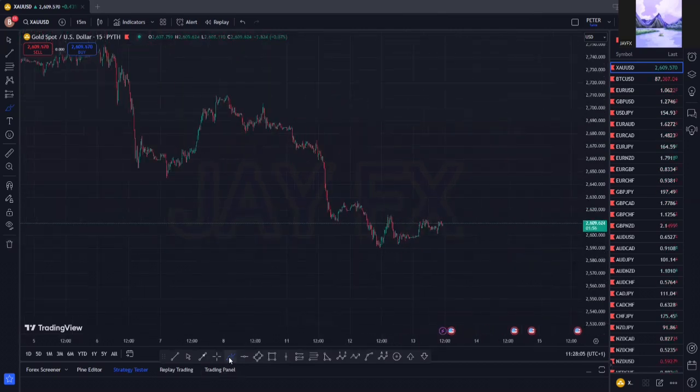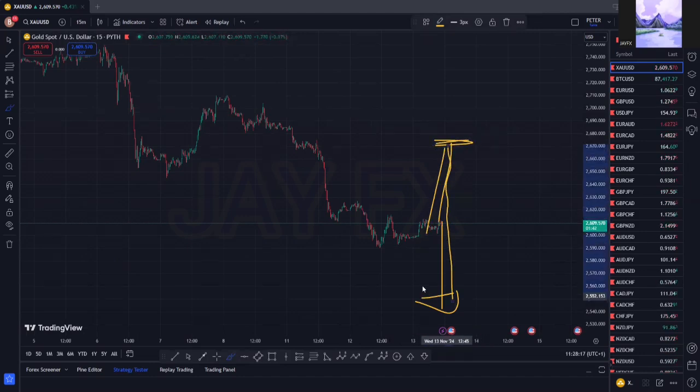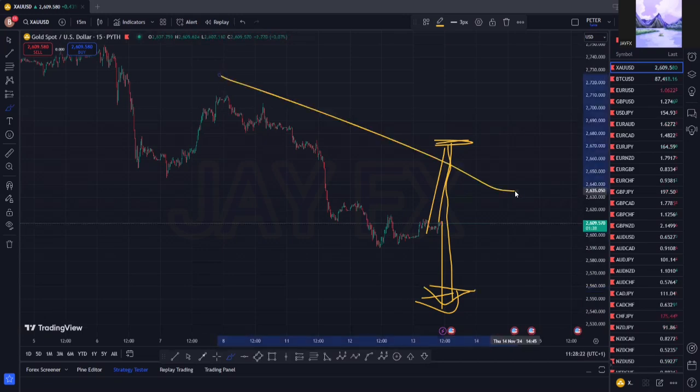I'm not saying that CPI will sell, but there's a possibility of CPI to shoot down also. But even if it shoots up, there's a possibility that it will shoot up and then come back down to follow the trend, which is the downtrend.